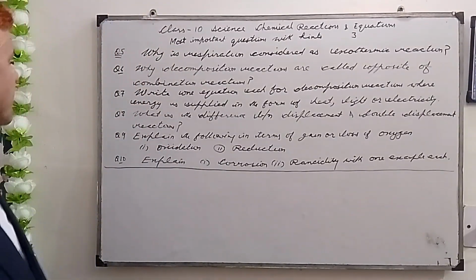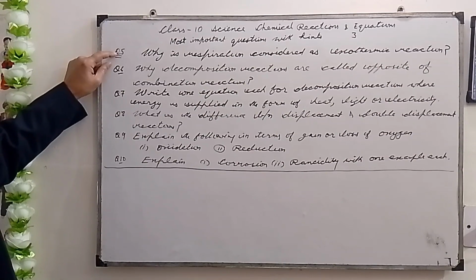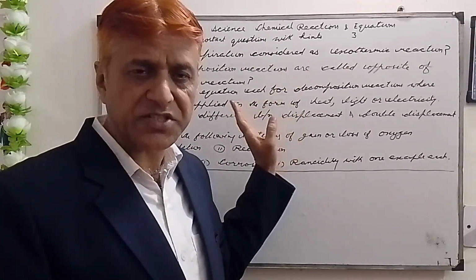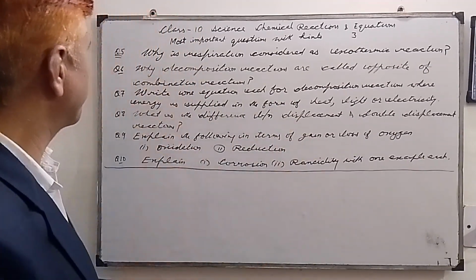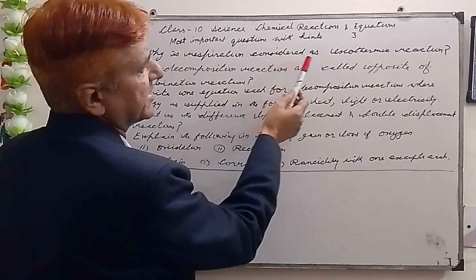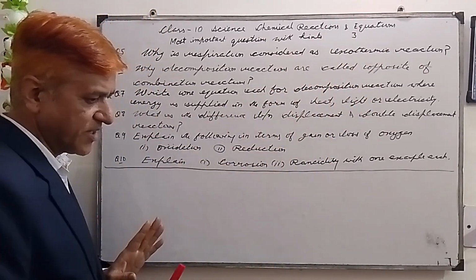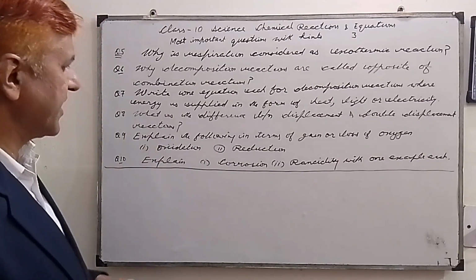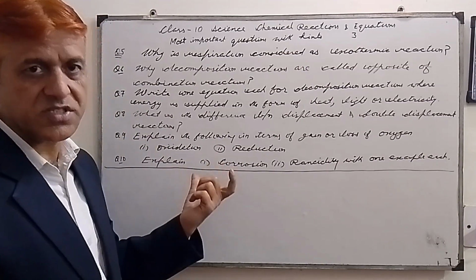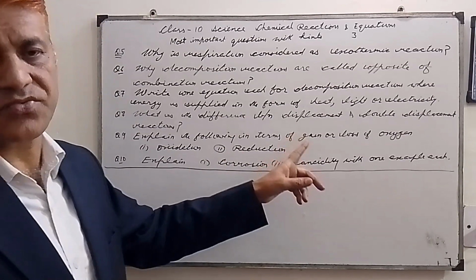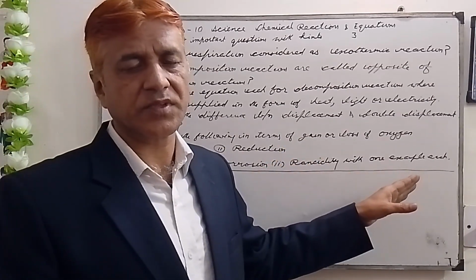Now my dear students, the next questions 5, 6, 7, 8, 9, 10 are taken from the NCERT book. Question number 5: why is respiration considered an exothermic reaction? In respiration, glucose plus oxygen is equal to carbon dioxide plus water plus heat.